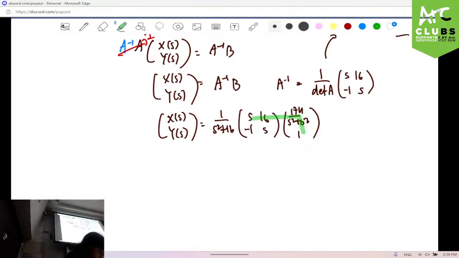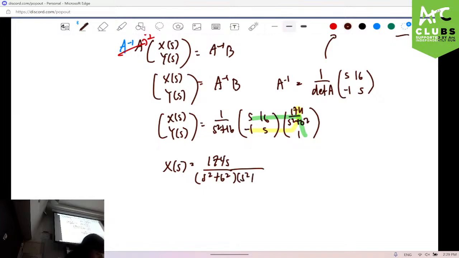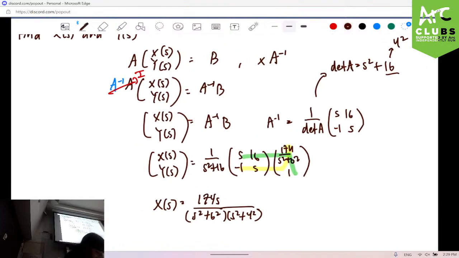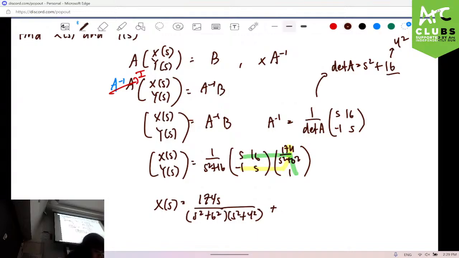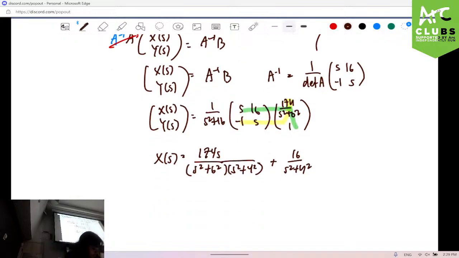We'll just multiply this through, and you get X(s) is 174s over s squared plus 6 squared, and then don't forget to include the determinant, s squared plus 4 squared, plus 16 over s squared plus 4 squared.